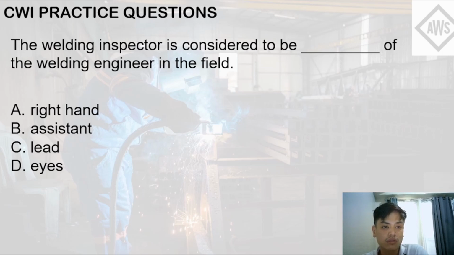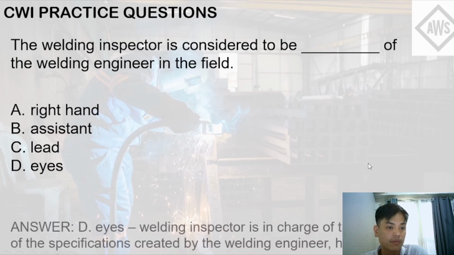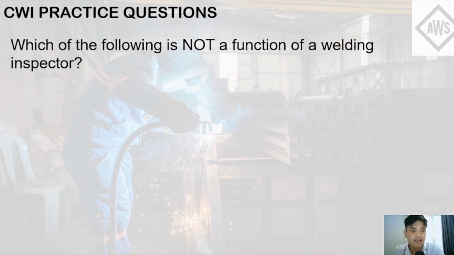The welding inspector is in charge of quality control, meaning he validates whether those welds comply with the welding or quality standards that the welding engineer produced or implemented. From that idea, you can deduce the right answer here. Letter D, eyes. The welding inspector is in charge of the quality control of the specifications created by the welding engineer, hence the eyes.